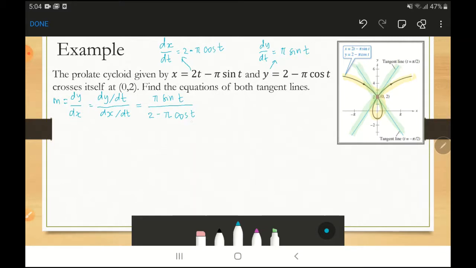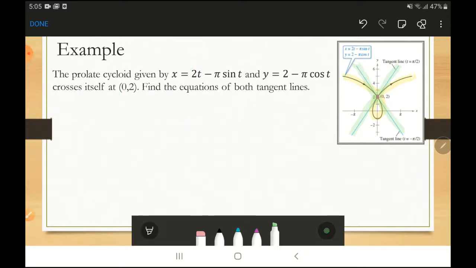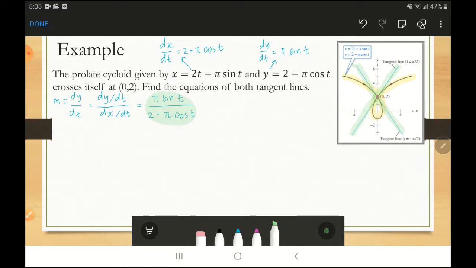Let me write now. So this is what we get for our slope. The slope of this curve at that point is actually this very expression. However, as you know, because we have two tangent lines, there will be two slopes coming from this expression, based on the value of t.